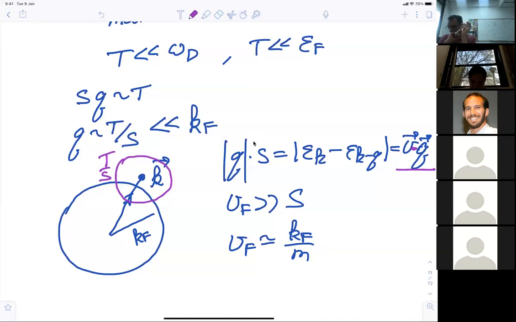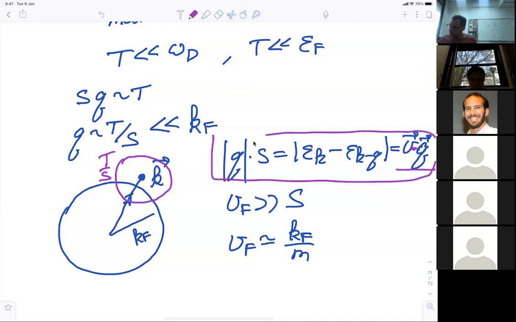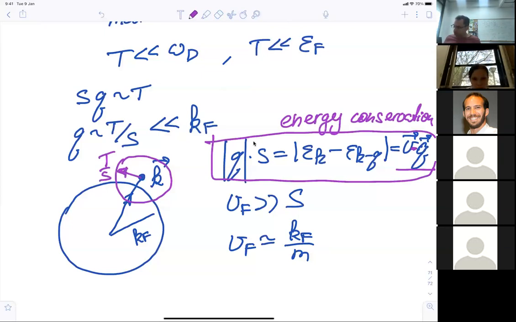I'm thinking it might do circles or something, because the energy needs to remain constant and V times Q is small. So this is energy conservation. Yes. If V dot Q is small, then they're perpendicular to each other. So it means that the scattering is perpendicular to K.